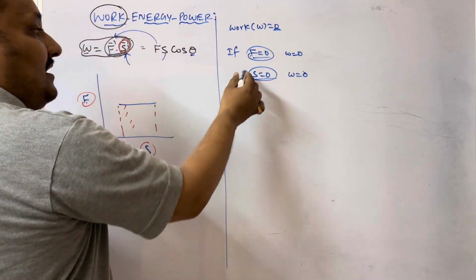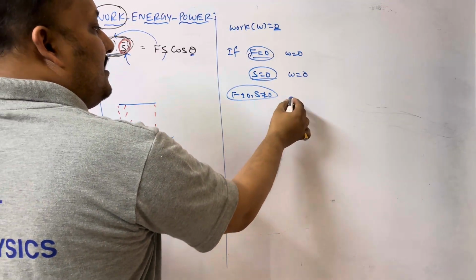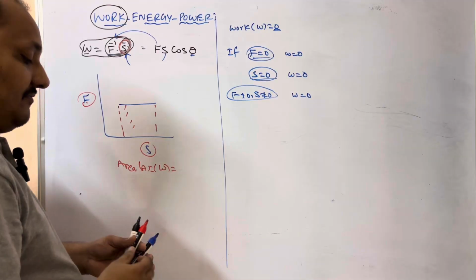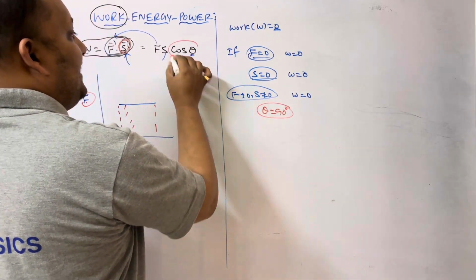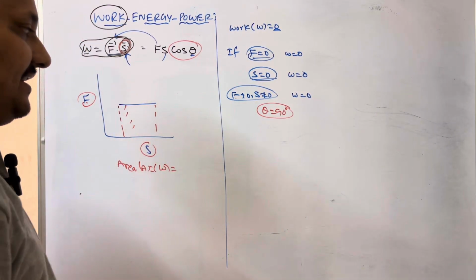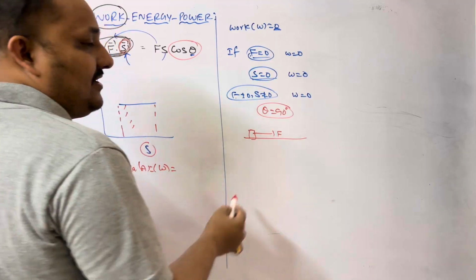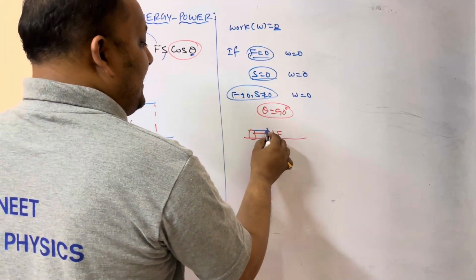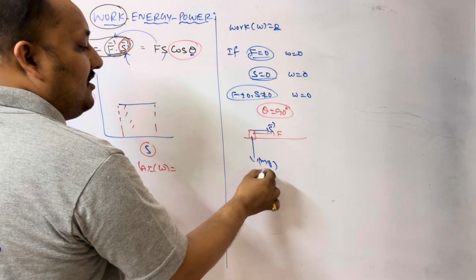Now, if both force and displacement are there, work can still be 0 if theta is 90 degrees, meaning the angle between force and displacement is 90 degrees. If you are moving an object on the surface to the right, the displacement is to the right, but the gravitational force acts downwards.